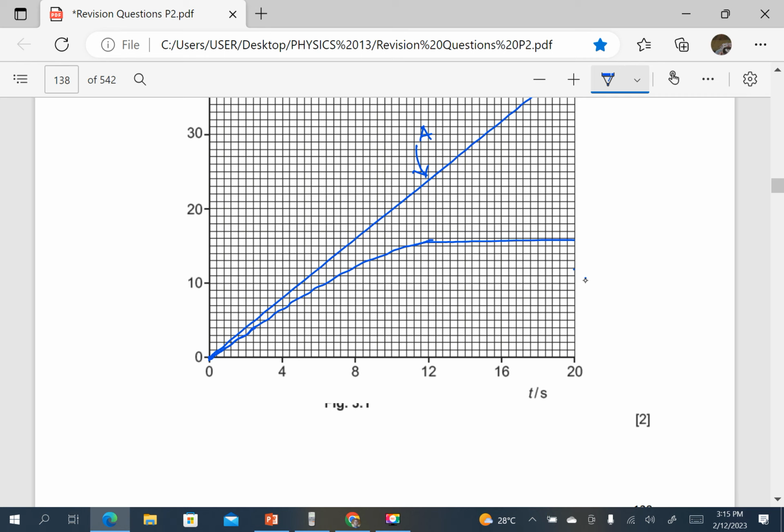It becomes horizontal at 12 seconds because at that point it will have reached terminal velocity.